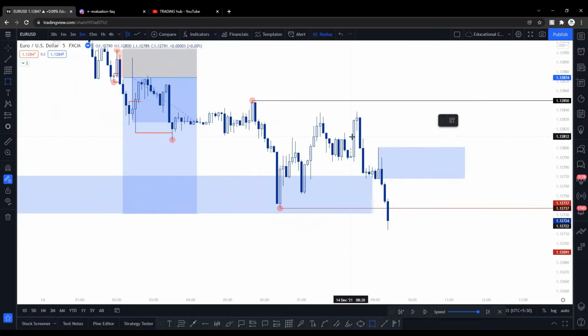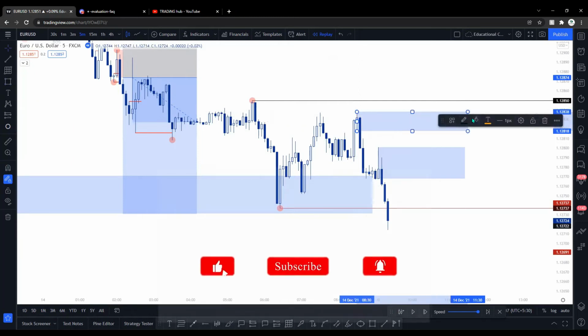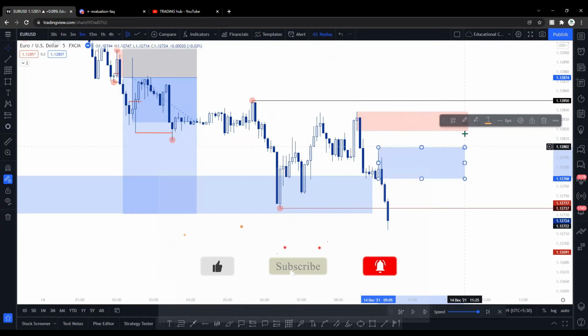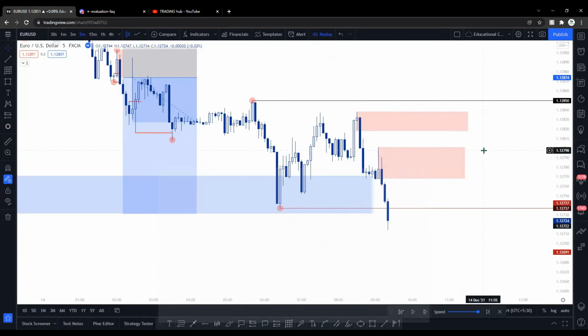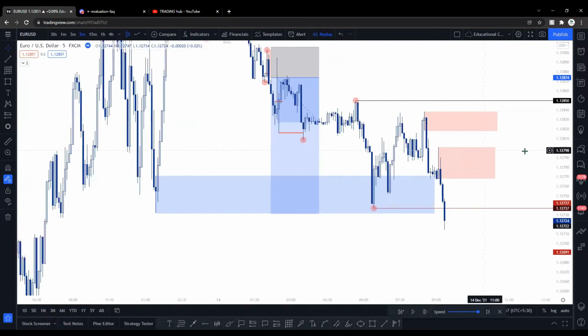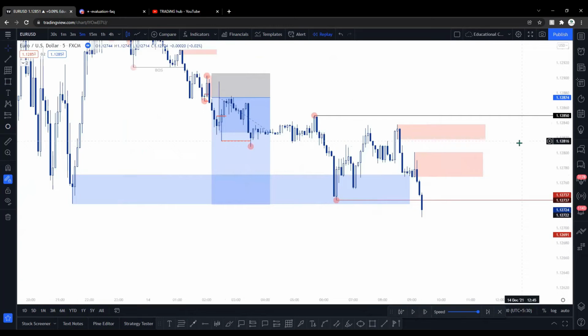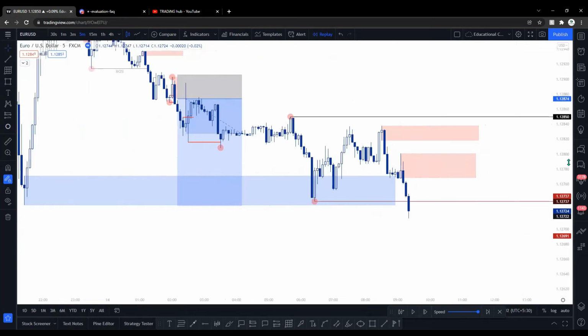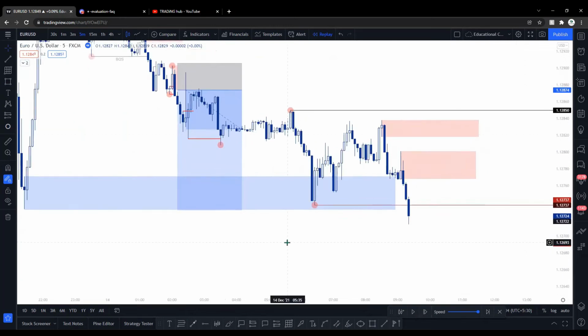Okay, and next one is on the extreme zone. Basically, in this move there are two bearish order blocks. When we get multiple order blocks in a row, how can we deal with both of them?